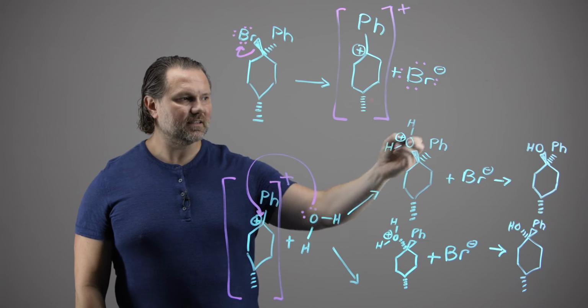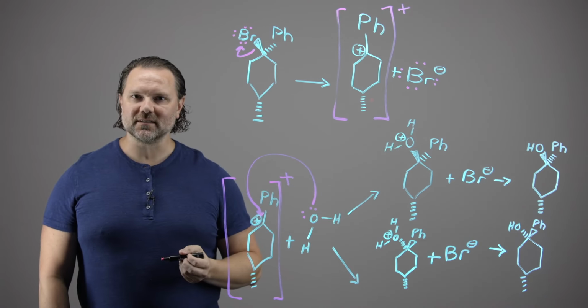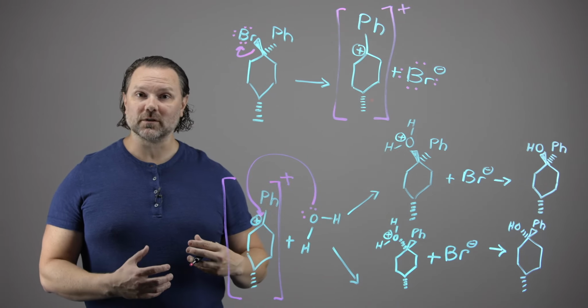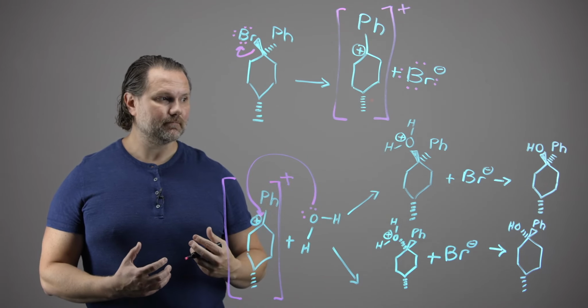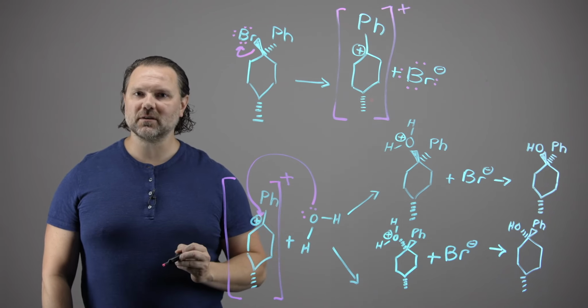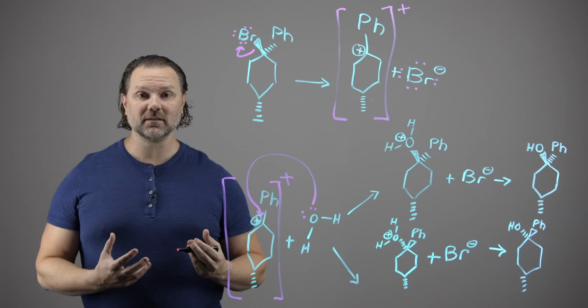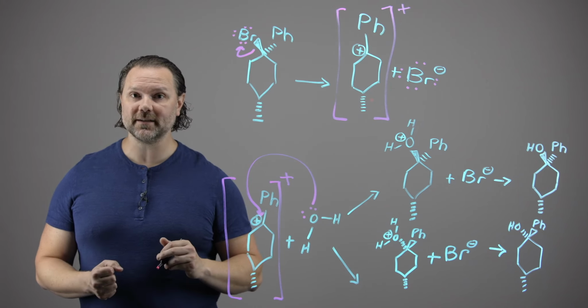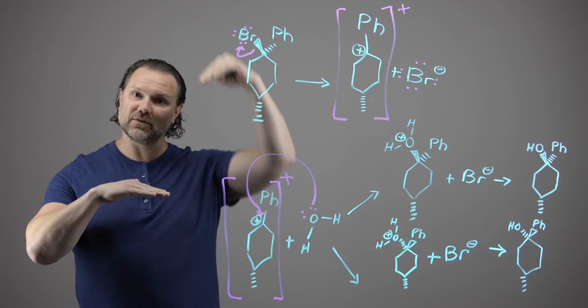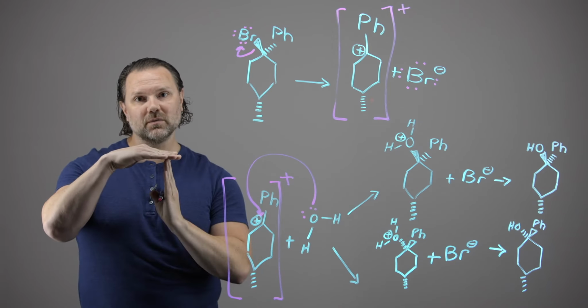But let's pause and think about the stereochemistry that's happened here. This bond is coming forward out of the plane. Originally, this had only 3 bonds to it. If there's only 3 bonds, we know that carbon is going to be trigonal planar. So when the water attacks, it can attack from above or below the plane.